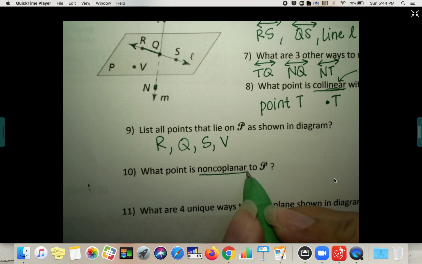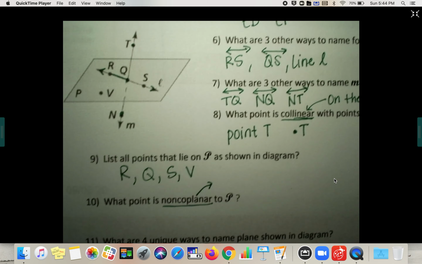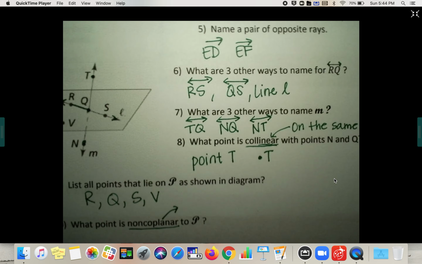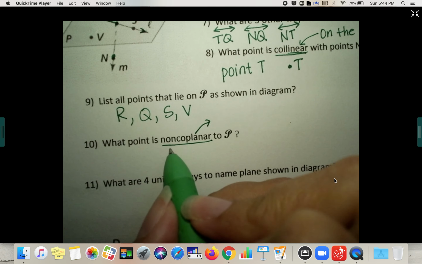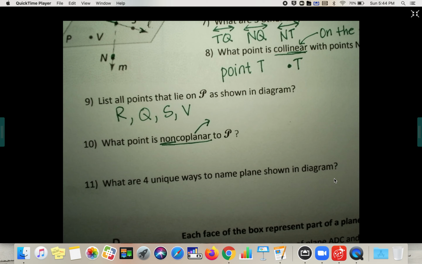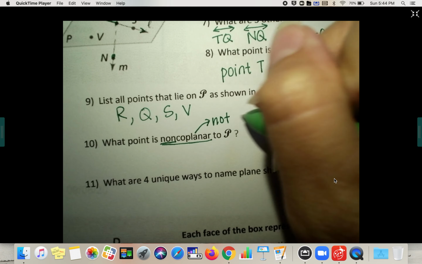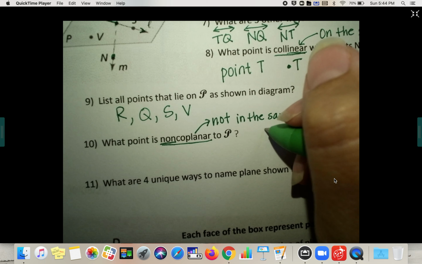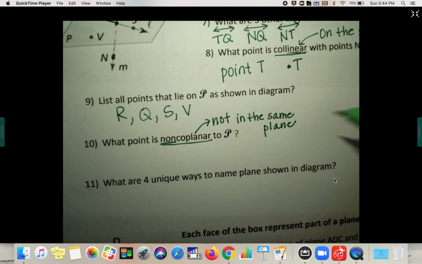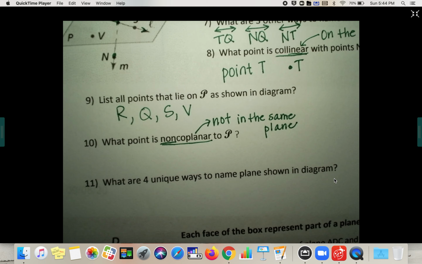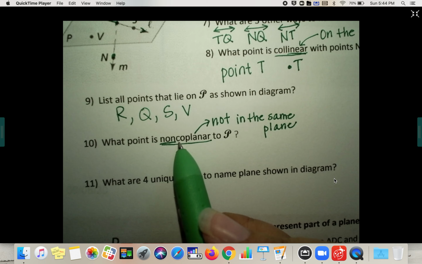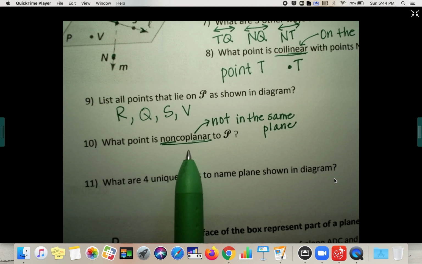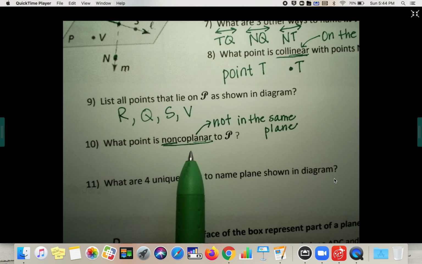Okay, let's define non-coplanar. So real quick, just like collinear means on the same line, coplanar means on the same plane. So if this one is non-coplanar, that's going to be not in the same plane. Sometimes these vocab words are very self-explanatory if you kind of separate it apart. Not on the same plane. Okay, so what point is not on the same plane as P?